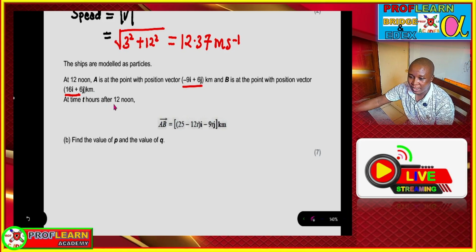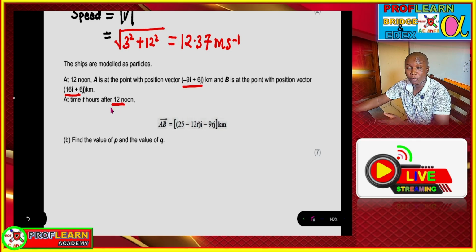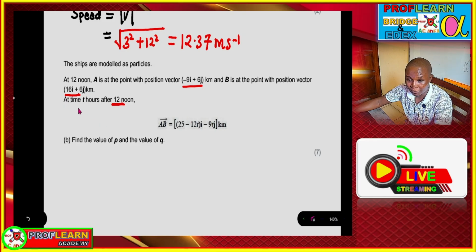At time t after 12, which means if they are in a given position, after some time they are going to change their location. They are going to move from wherever they are. Find after that particular time they are this distance apart.